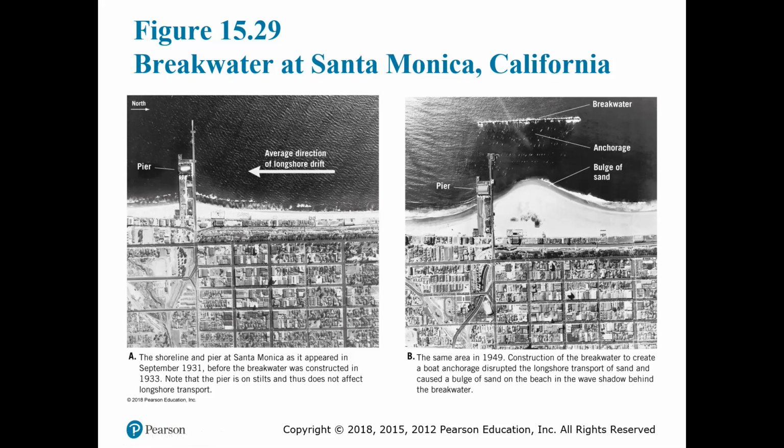However, when this does happen, you do get sand accumulation. And so your boat anchorage eventually fills with sand, and then the downstream area is going to erode and start to retreat. And so that's what you've got here. Here is your breakwater. You get this accumulation of sand here, but then you get some erosion of the sand here.